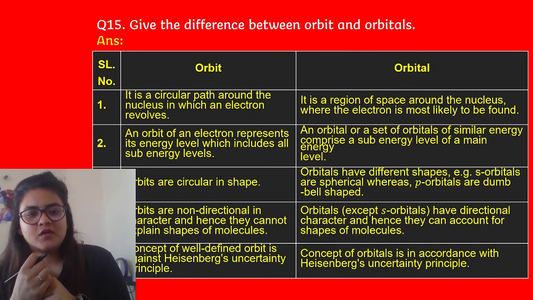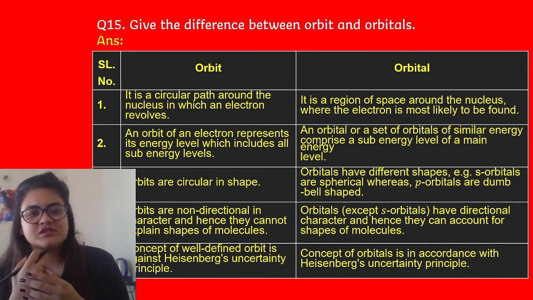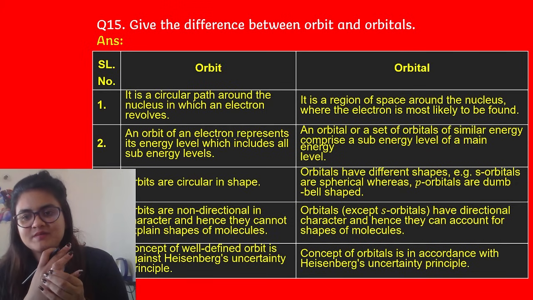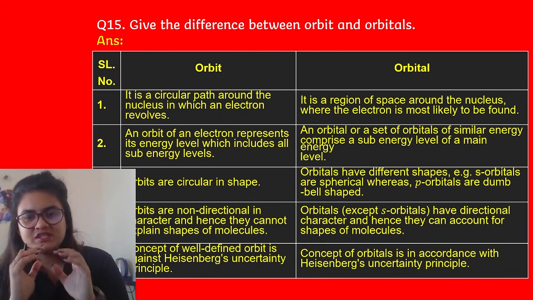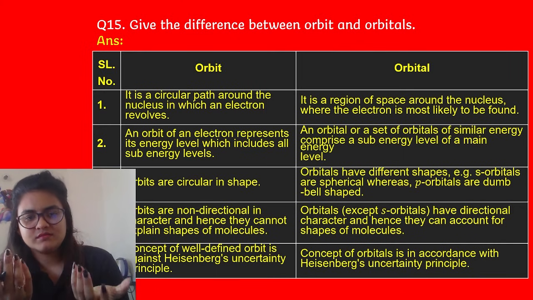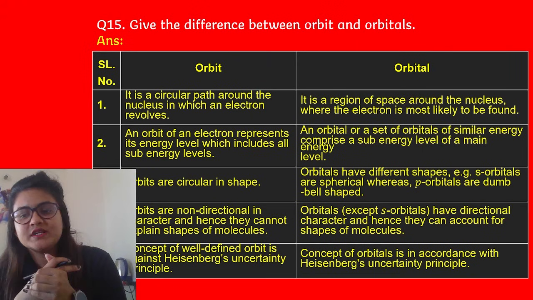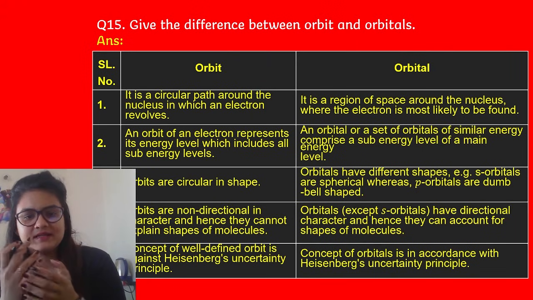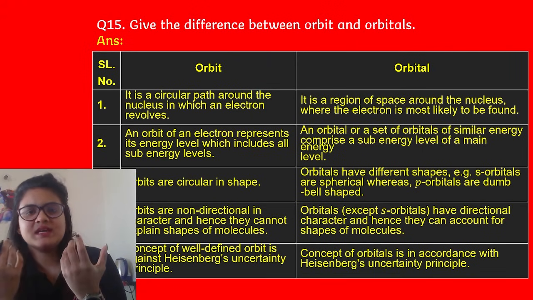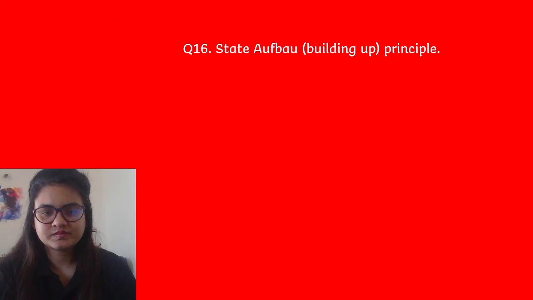An orbit represents the energy level, including the sub energy levels as well, but an orbital comprises a sub energy of a main energy level. Orbits are circular, but orbitals have different shapes, like dumbbell shape for the p orbital. So you can just take any 2 or 3 differences and proceed.